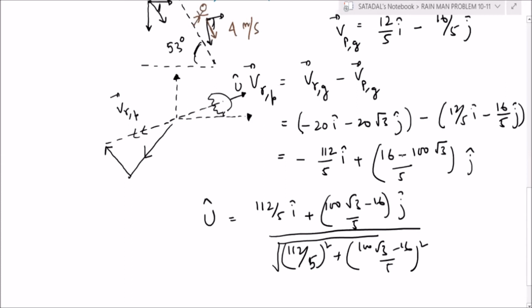Yes, sir. This one will automatically come negative, no? 16 minus 100 root 3 will be negative only. This number is greater than 16, no? Yes, sir. Did you get it now? Yes, sir. Or else, if you have doubt, I will do like this. You take this minus, this plus, and here you take this minus. That's all. Is it okay now? Yes, sir. Fine.